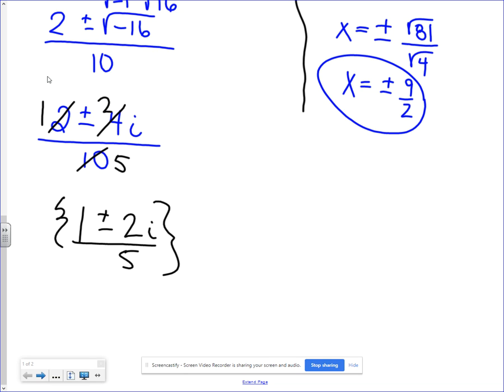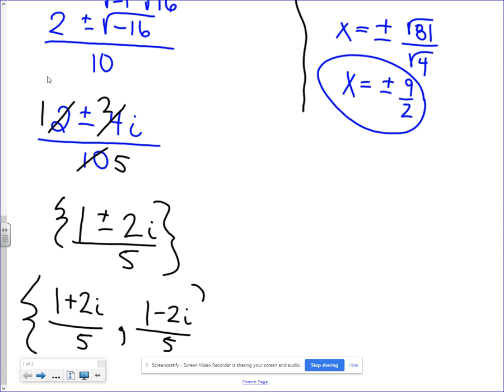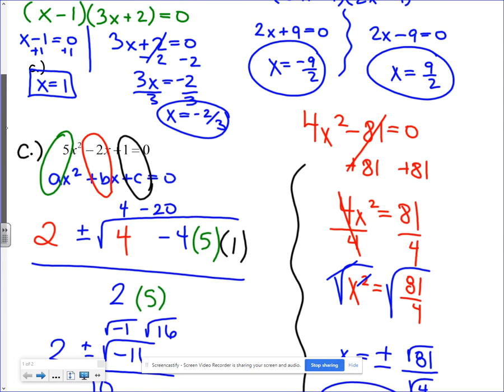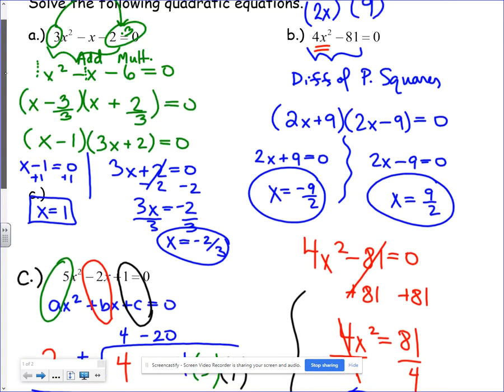And again, even though this looks like one root, it actually is two roots. One of the roots is 1 plus 2i over 5. And then the second root would be 1 minus 2i over 5. So, as we saw, when you solve a quadratic equation, you're always going to find two roots, because the degree of that equation is degree 2.